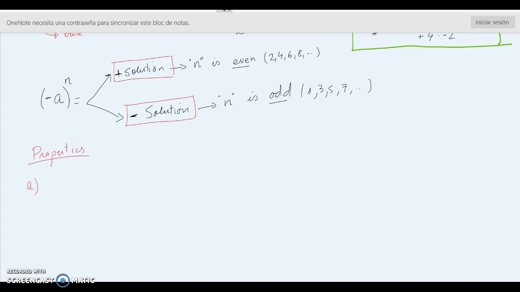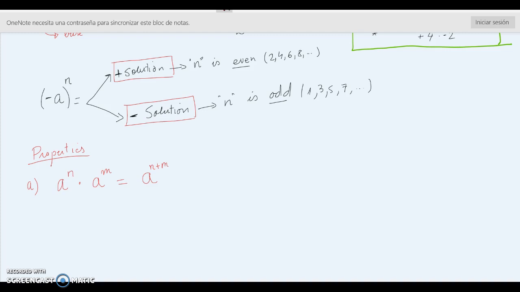If we multiply two powers with the same base, this is the same as the same base, and in the exponent we can add both exponents.